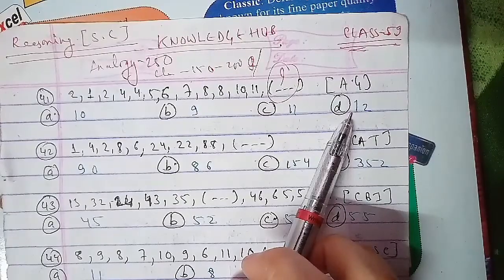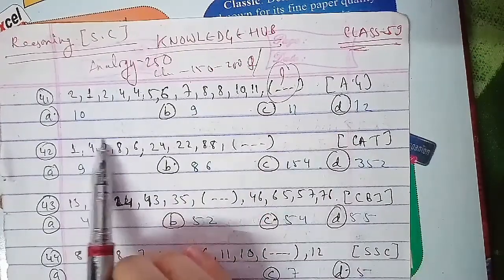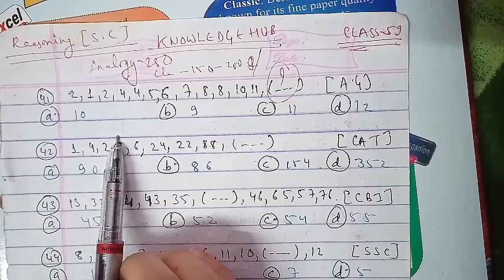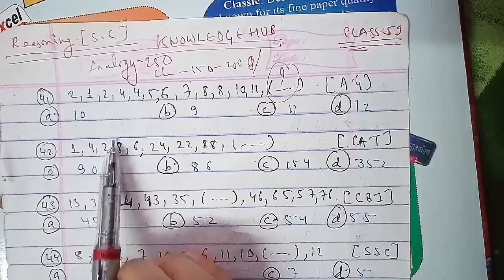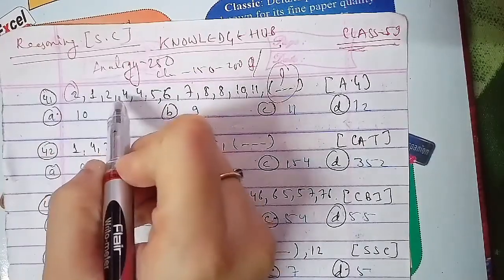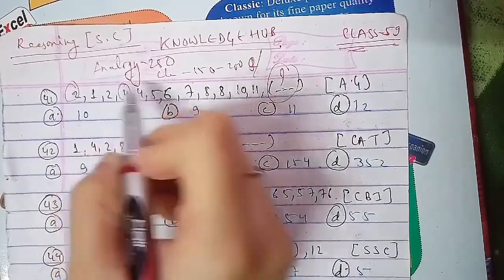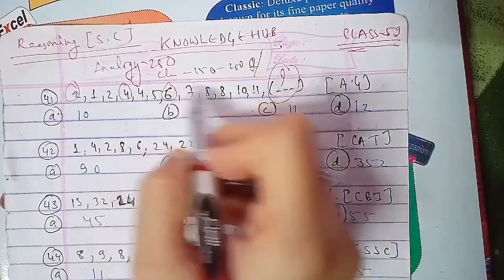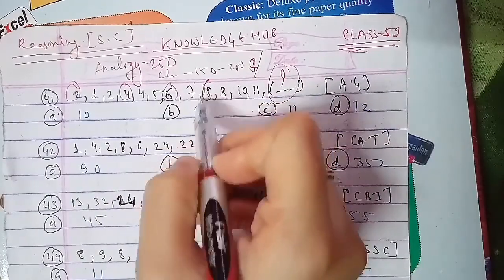So here you can see that the given series is a combination of 3 series, as we said. So here, one series is 2, then 4, then 6, and then 8. Sorry, here it is 8.